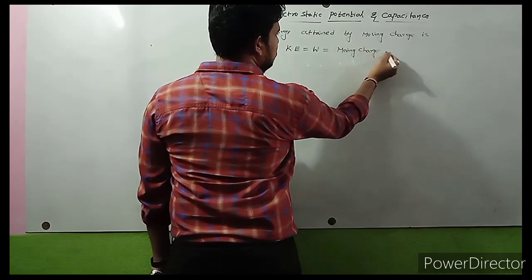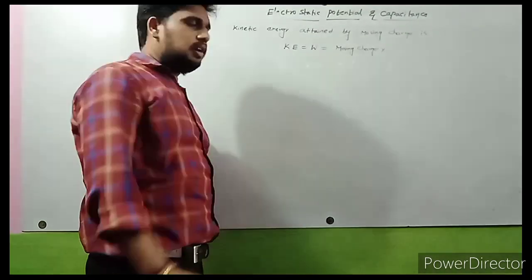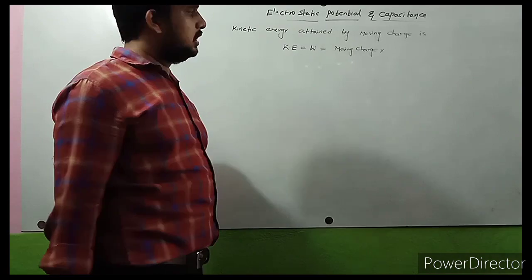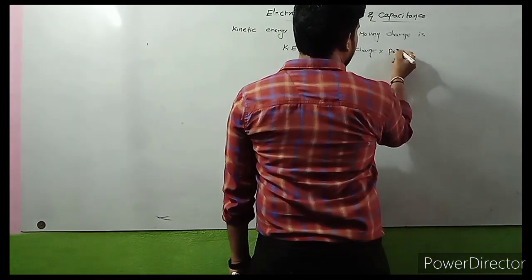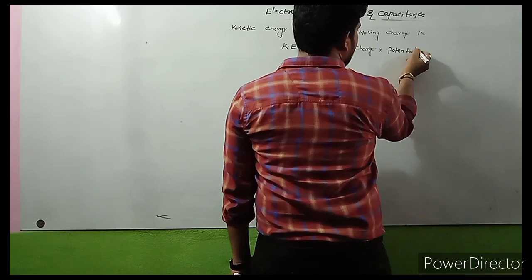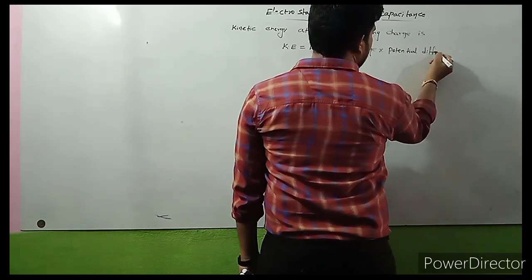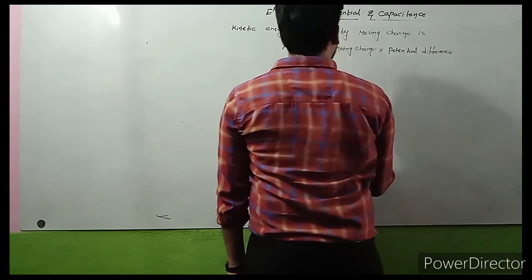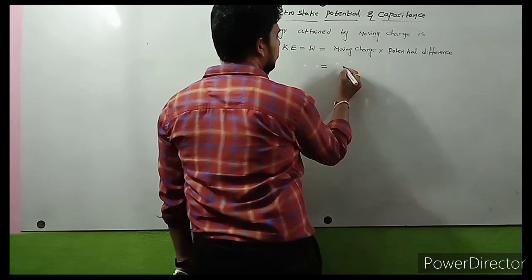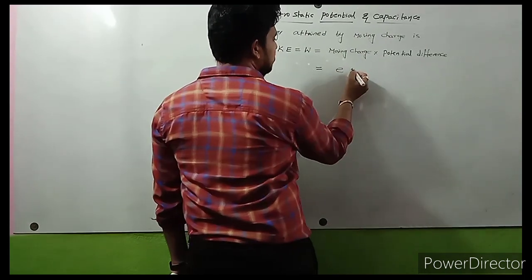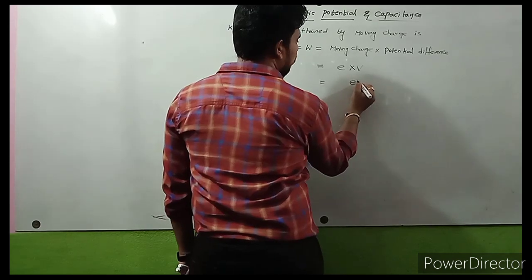Whatever the charge may be, whether it is a positive charge, a negative charge or an alpha particle, it is the moving charge into the potential difference. For example, if an electron is moving, then E is the charge of the electron and potential difference is V. That is nothing but electron volt.